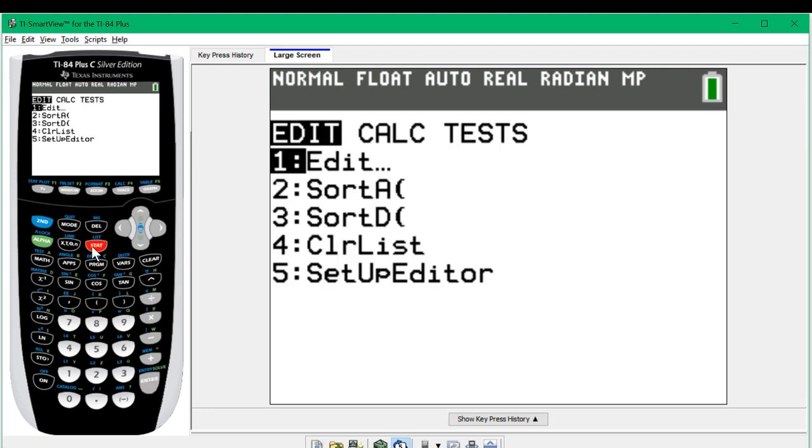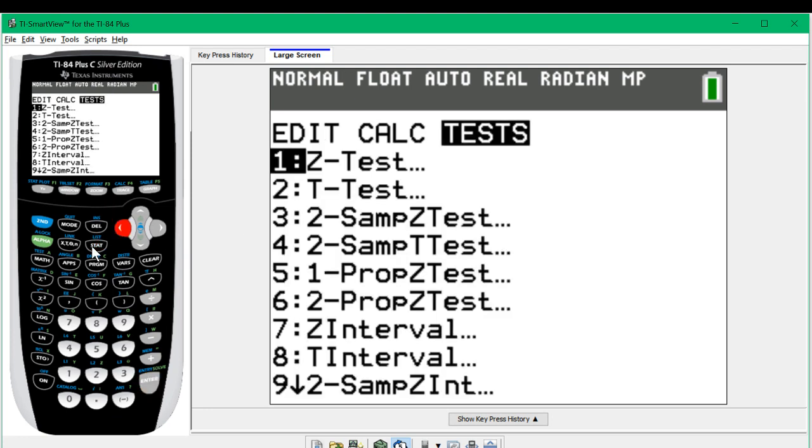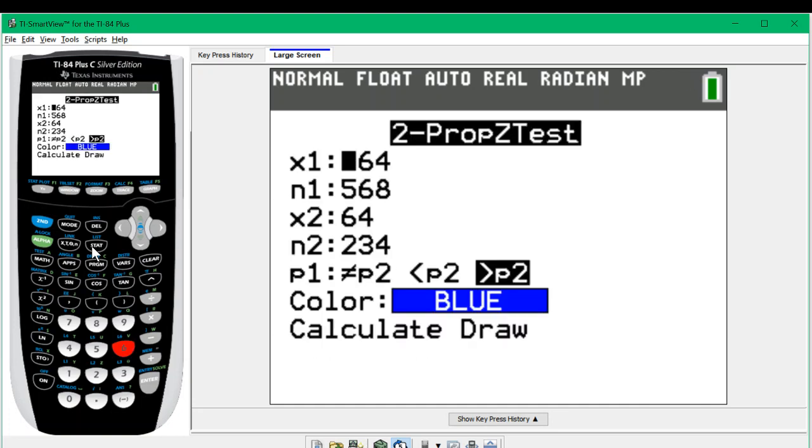Stat, tests, 2-PropZTest is number 6. 0.427 multiplied by 568 is 243. Is that what we had before? Yeah, 264.